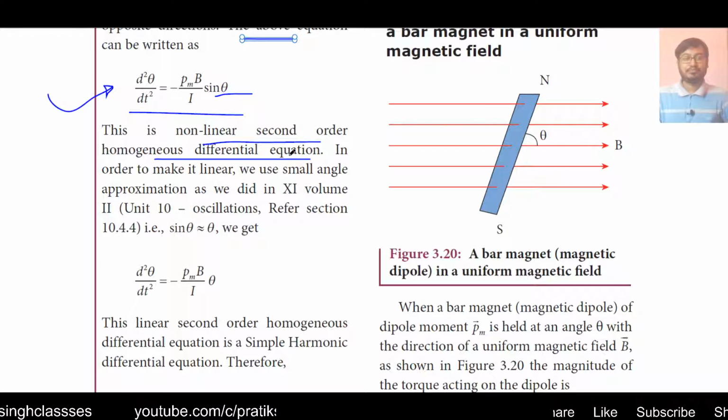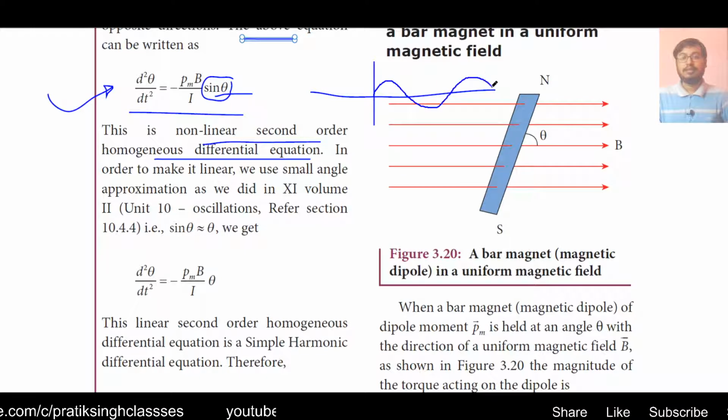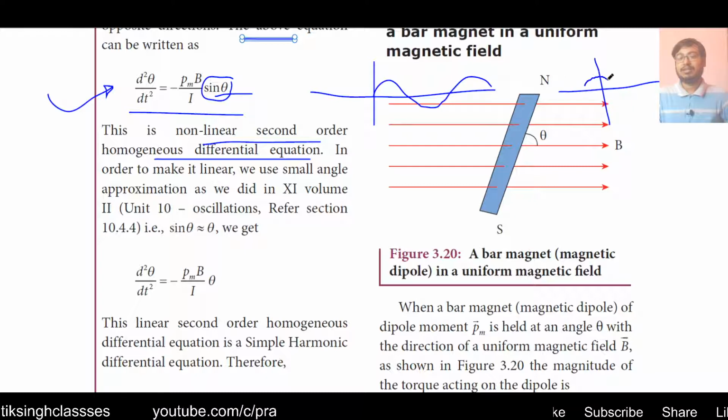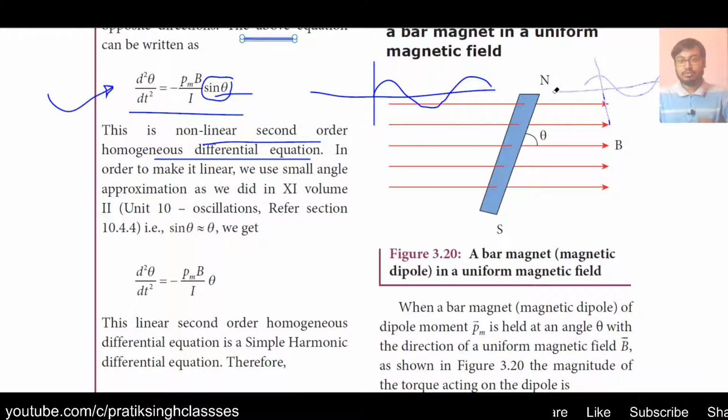When it comes to sinθ, it becomes a non-linear equation, because you know the graph of sinθ is something like this, and the graph of cosθ is something like this. So not going into the mathematical part here, let us see just the physics part and try to solve the question.